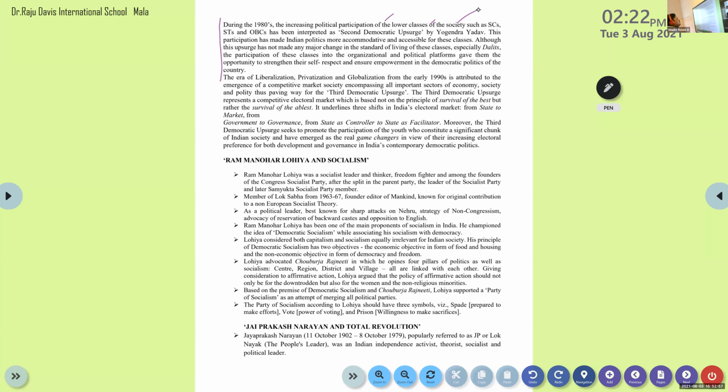Participation of the Dalits, SCs, STs, and OBCs in Indian politics. This participation has made Indian politics more accommodative and accessible for these classes. Because of this participation, Indian politics turned into a politics where accommodation is there for all sections of the people, and all sections of the people can participate in political activity.